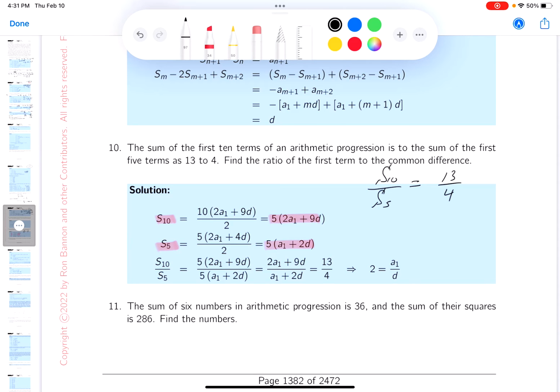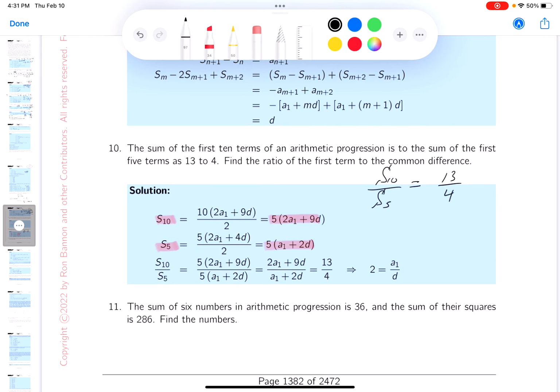Now, do I know what S10 is? We just did it. It's 5 times (2A1 plus 9D) over 5 times (A1 plus 2D). And what does that equal? 13 quarters. I'm sorry, I wrote 14 down.